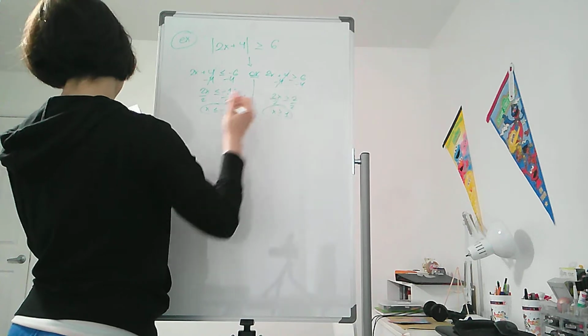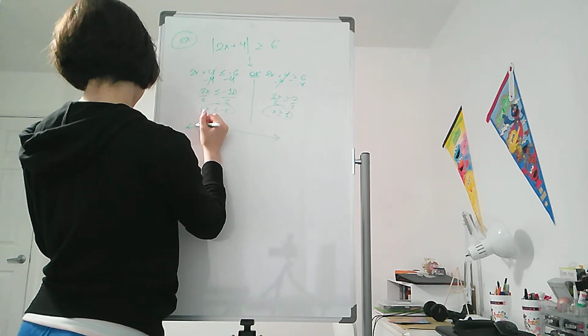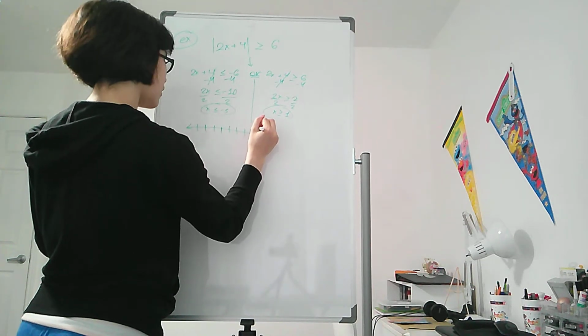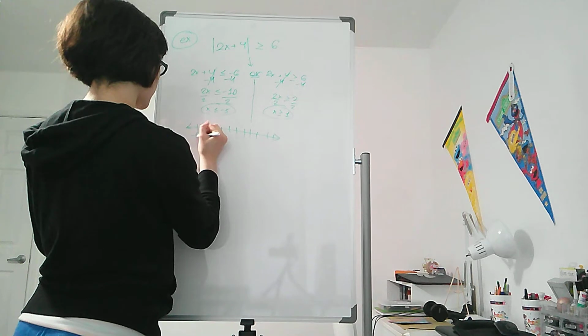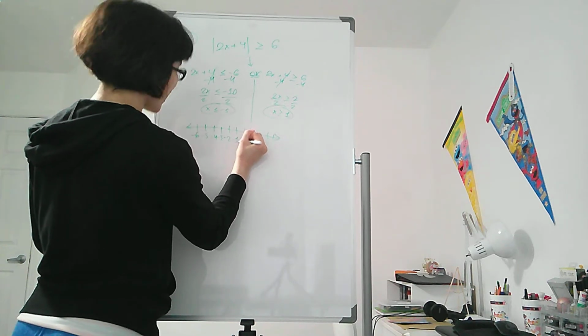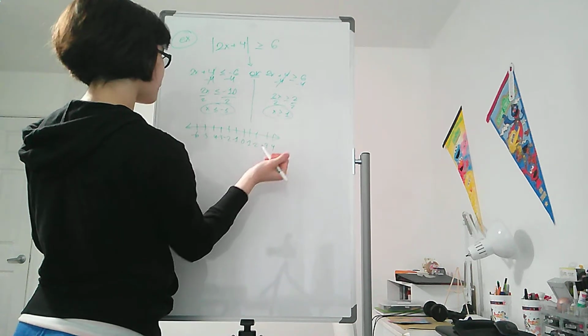Okay? So now, if we were going to graph this solution on a number line, this would mean, let's see, negative 6, negative 5, negative 4, negative 3, negative 2, negative 1, 0, 1, 2, 3, 4.